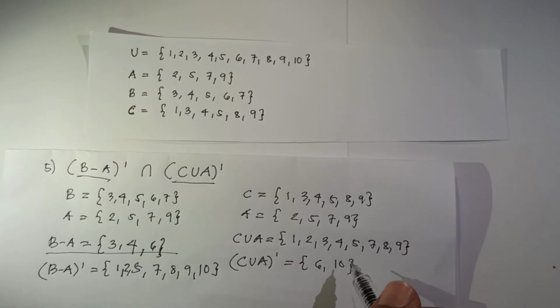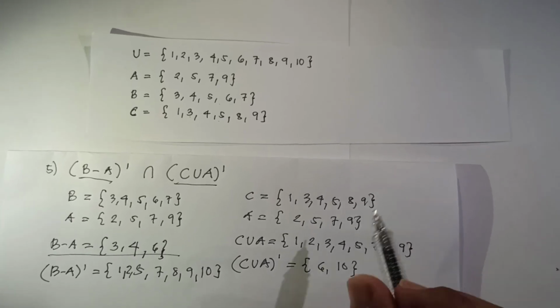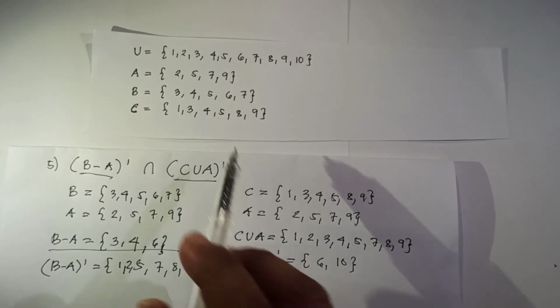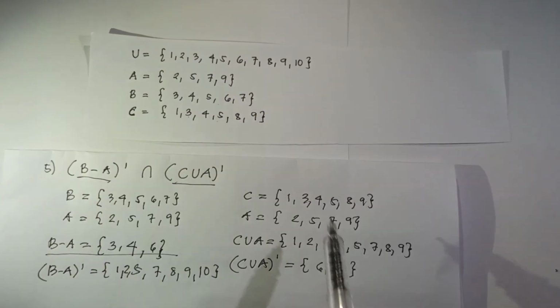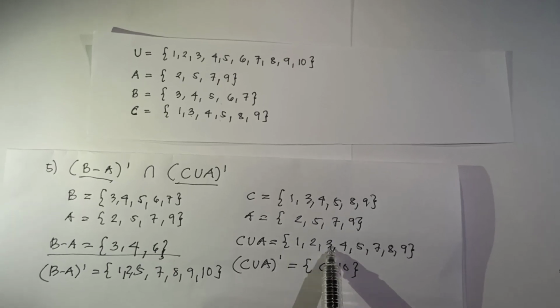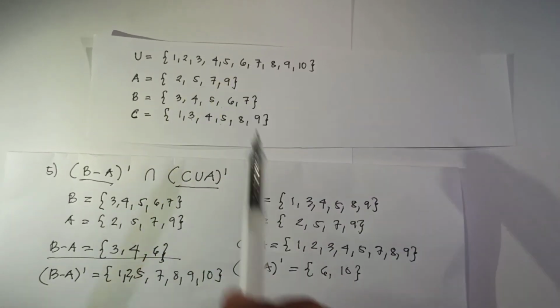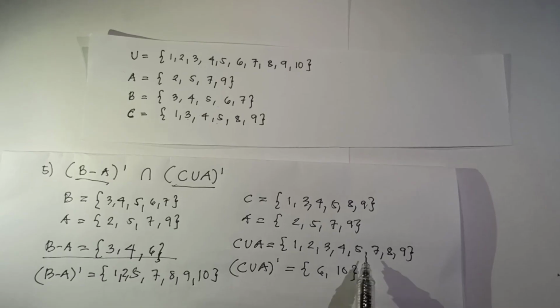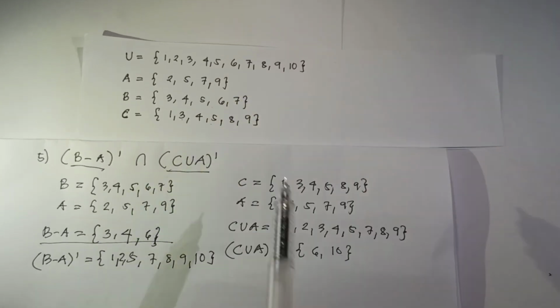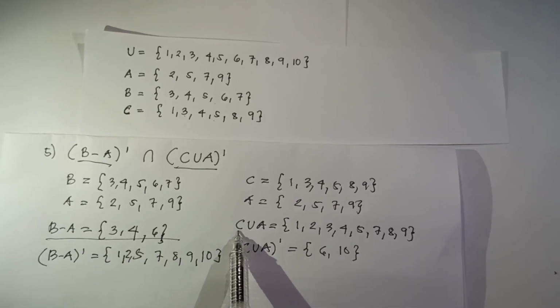So 6 and 10 po ang nasa result. Because nandyan po si 1, 2, 3, 4, 5, and meron po siyang 7, 8, and 9. So 6 and 10 isusulat natin because not found in this result.